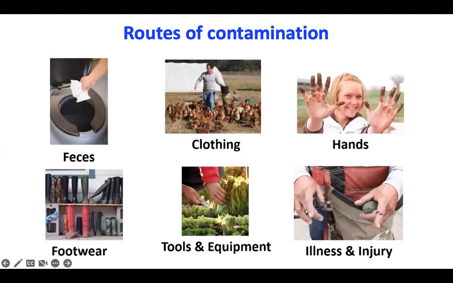If the tools or equipment are contaminated, as you see in that picture, if they use a knife to harvest lettuce and there is some blood contaminating the knife, it will potentially introduce hazards. So all those will be concerns when you are dealing with fresh produce, because fresh produce is one of the top causes of foodborne illness among humans. All those routes of contamination could contribute to that.